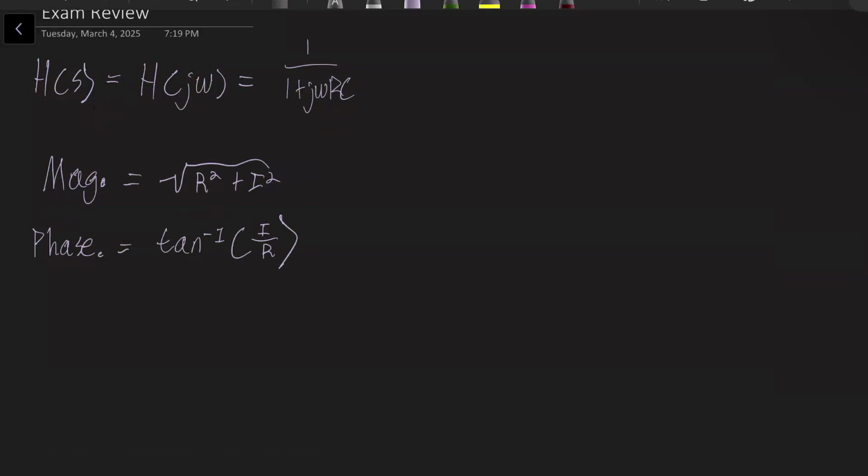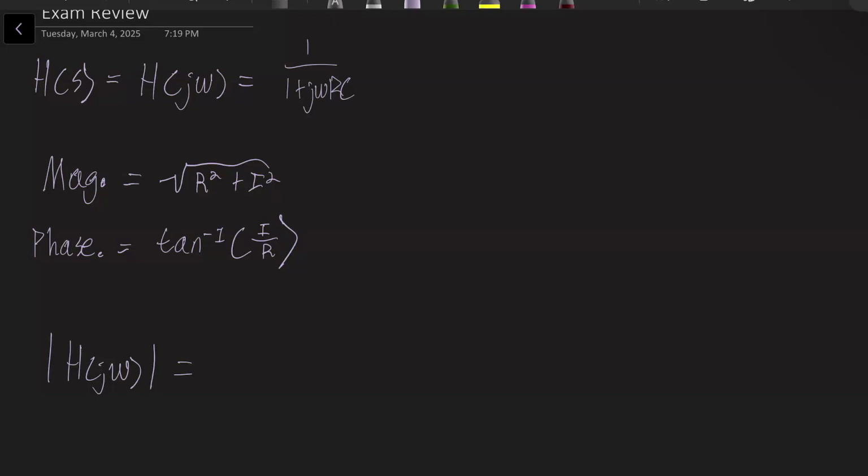Well, we want to find the magnitude, and we're going to look at both the numerator and the denominator. So the magnitude of our H of j omega is going to be the magnitude of the terms in the numerator divided by the magnitude of the terms in the denominator. In this case, we only have one term in each, right? In our numerator, we have just 1. There is no imaginary component here.